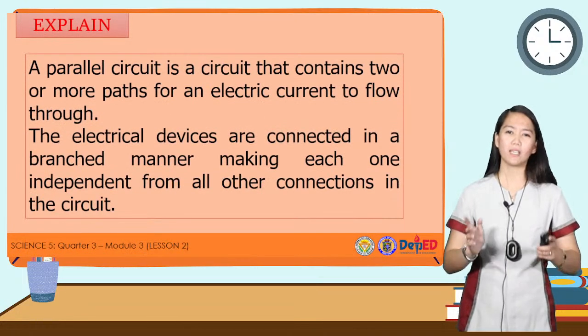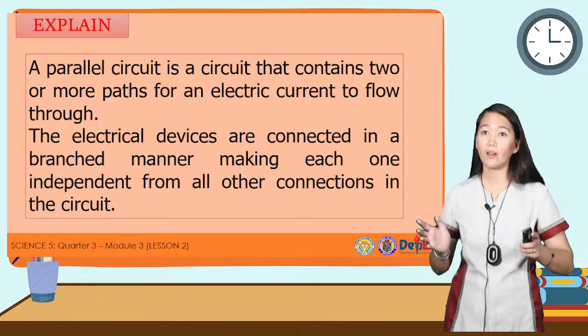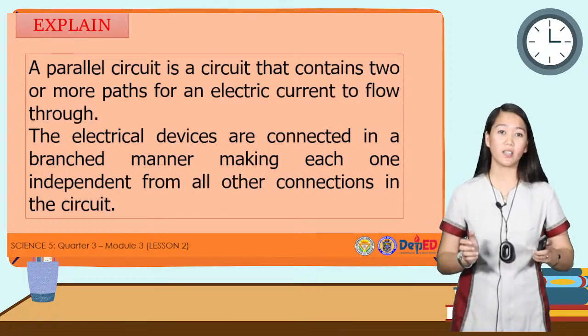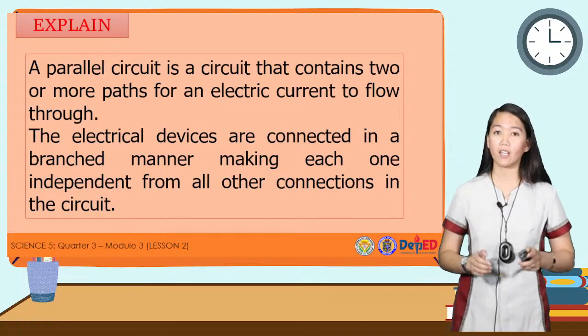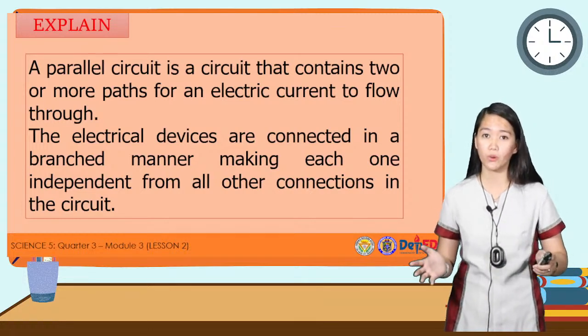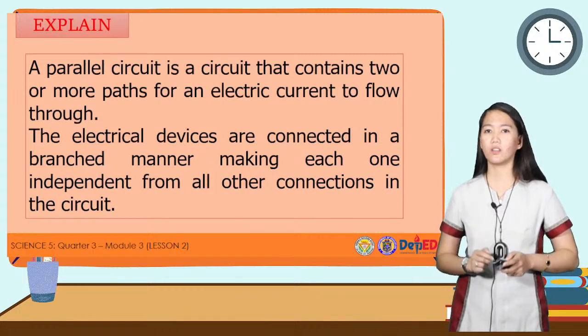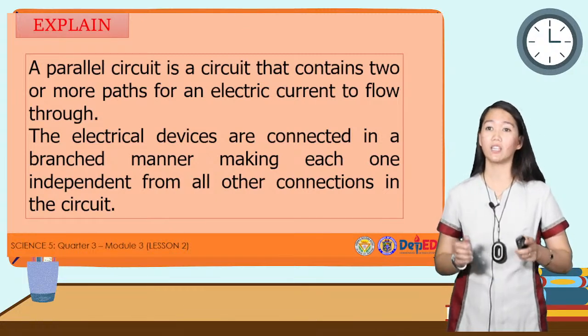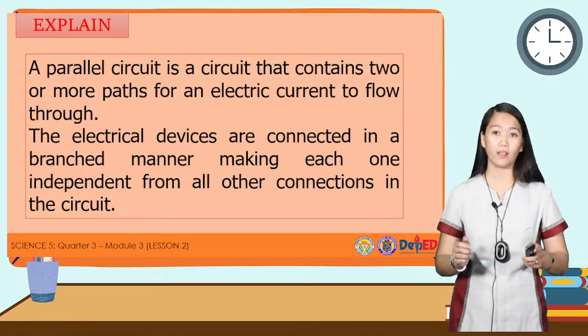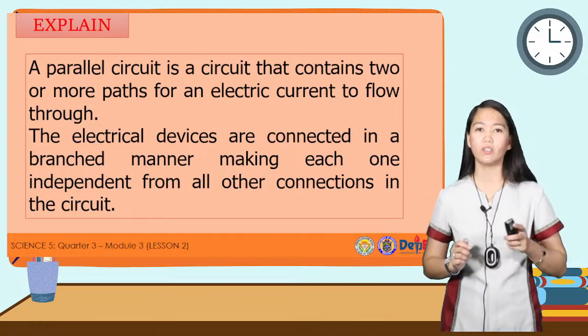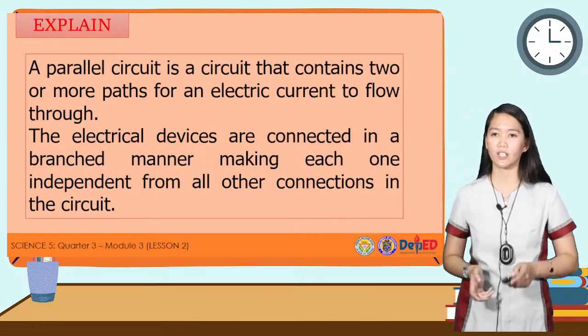Now, always remember that a parallel circuit is a circuit that contains 2 or more paths for an electric current to flow through. The electrical devices are connected in a branch manner, making each one independent from all other connections in the circuit.